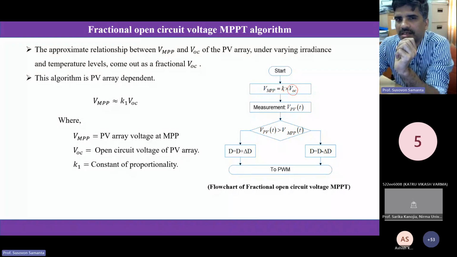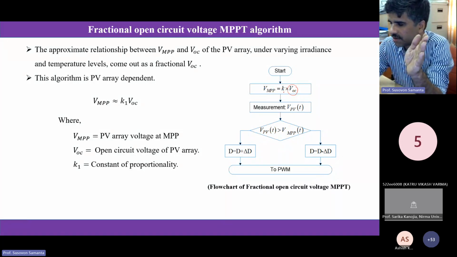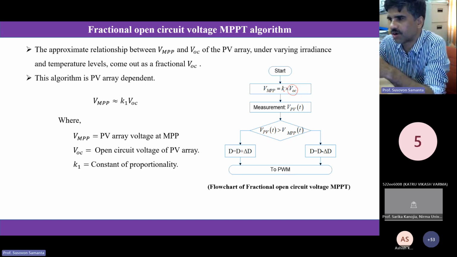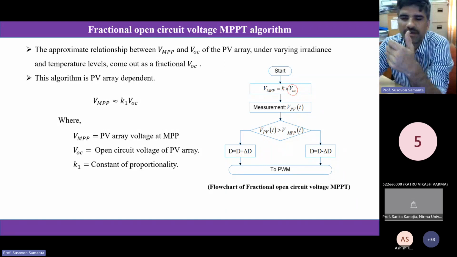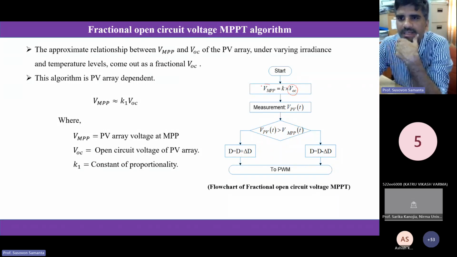And then in this case, 78 to 80%. Obviously, as the life of the panel goes on, this point is also varying. So it is also not constant, but initially if you can take some constant value of 0.78 or 0.8, then this is your VMPP.